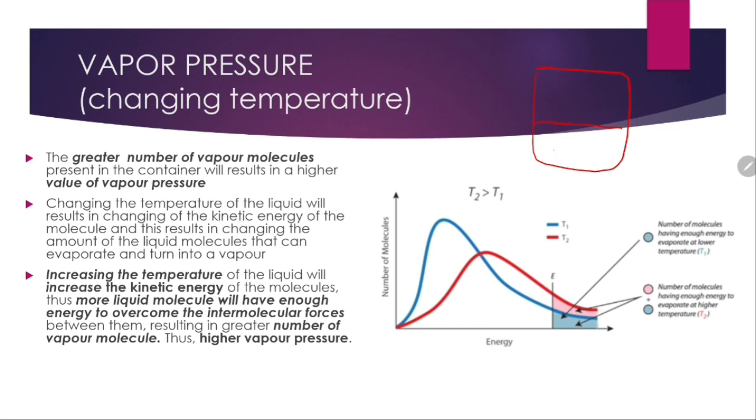We have liquid molecules, and some of these liquid molecules will change into gas molecules. These gas molecules will hit the walls of the container, giving rise to vapor pressure.